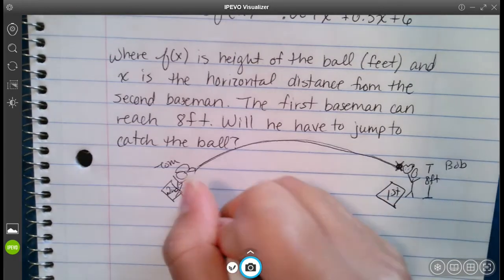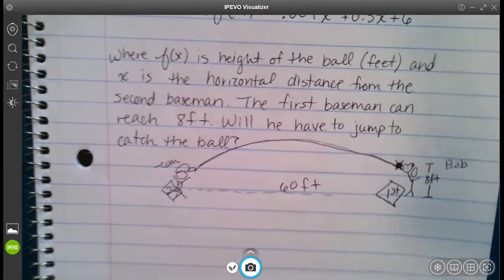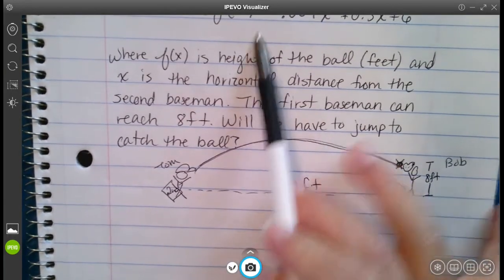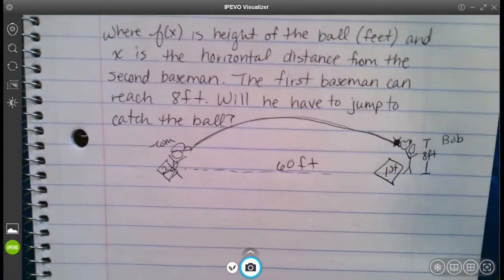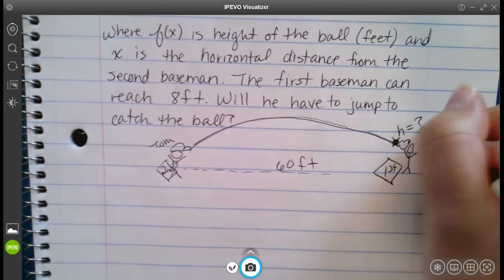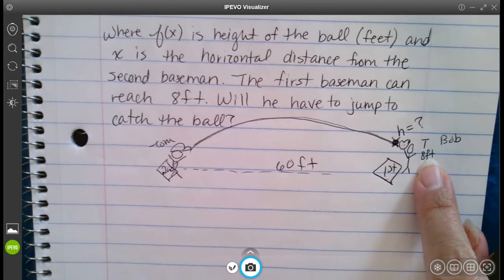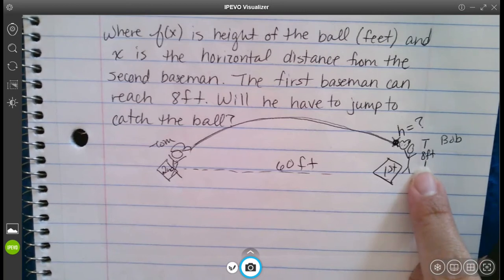We also know that this distance is 60 feet. Now the path of the ball is given by this function that we have right here. So what we need to find is the height at this point right here. Because if that height is less than 8 feet, well then yeah, Bob will be fine. If it's equal to 8 feet, he'll be fine. He can just reach up and catch it.